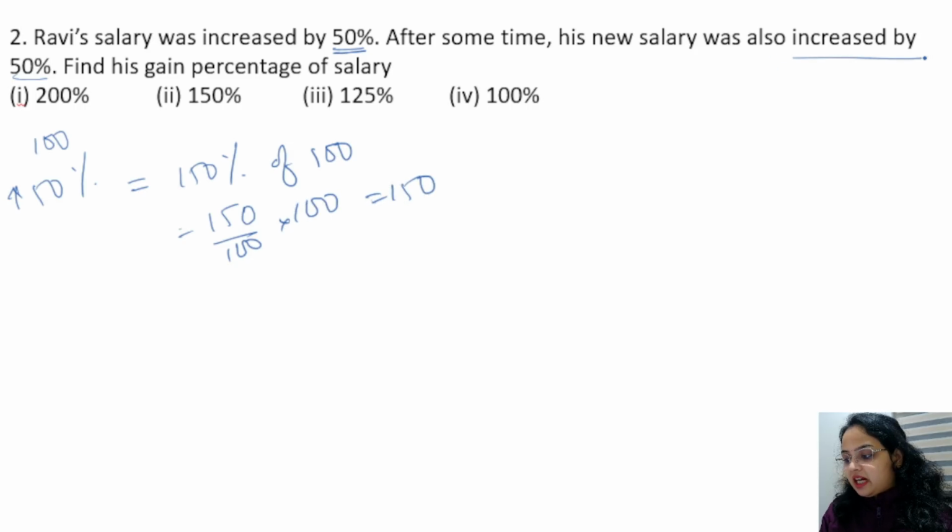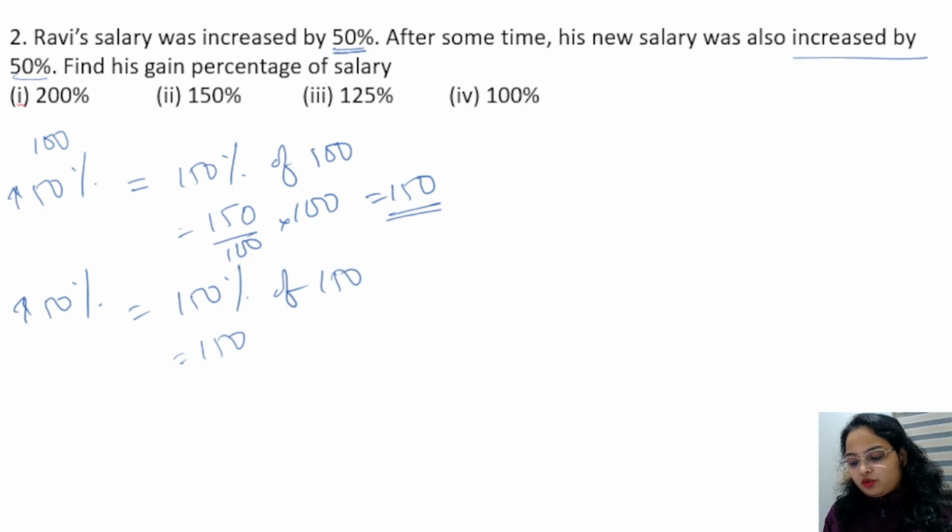Okay. If it is again increased by 50%, so it is again 100 plus 50, 150% of this increased salary. It is 150% of 150. It is 150 divided by 100 into 150. It is 15 into 15, it is 225.